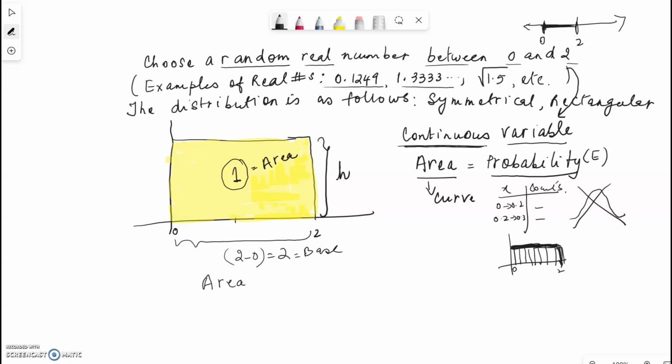So area equals base times height. The total area is always 1. The base is 2 in this case because we are picking a number from 0 to 2, times h. Now we solve for h by dividing both sides by 2. And that's how we get h equals half.